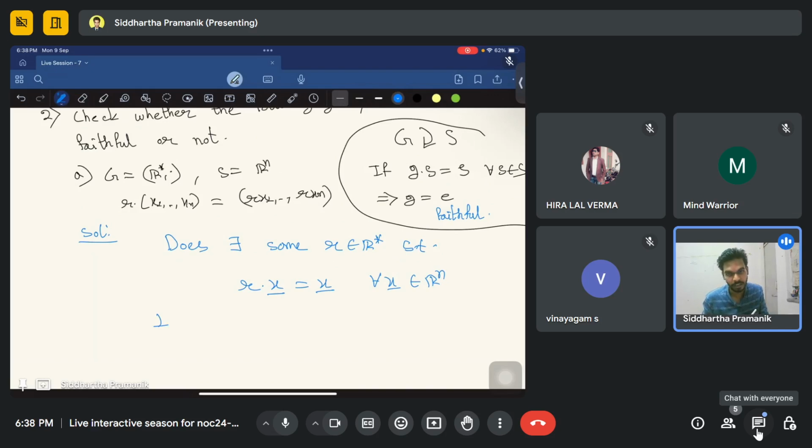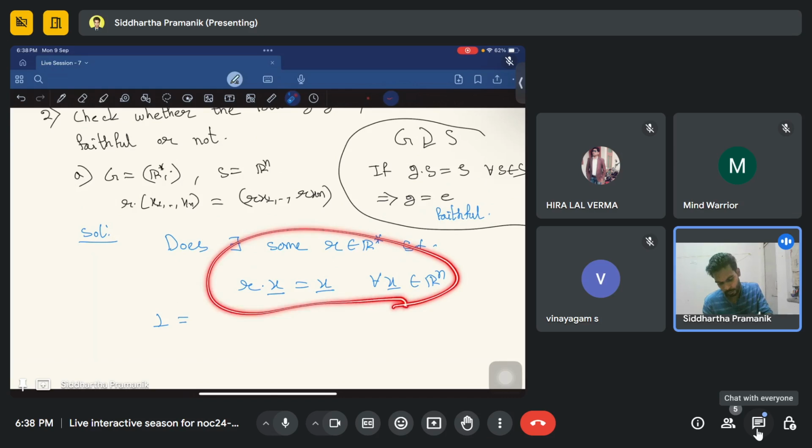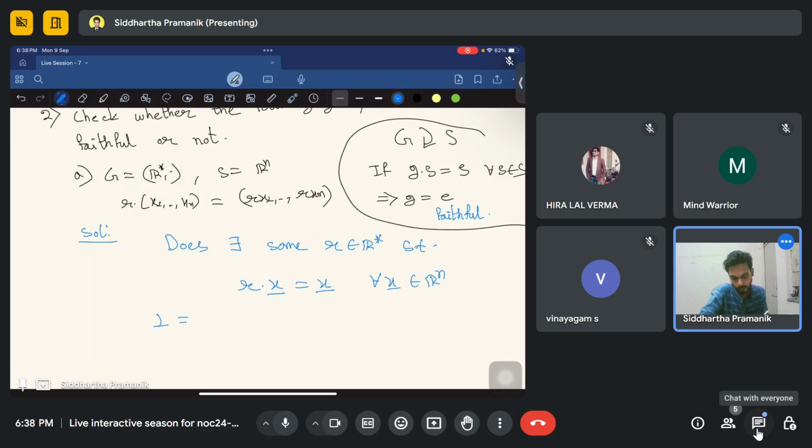But are there other elements? No other elements. The only element which satisfies this condition is 1, which is the identity element of this group. So it is faithful by definition.